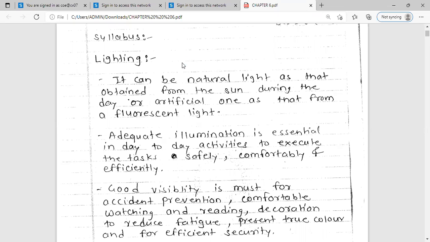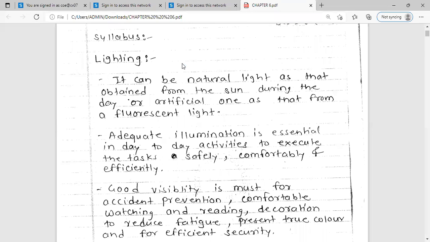In that we can also go for different types of windows, maybe fixed windows. Whenever in a particular direction, on the surrounding side, any unpleasant things are there, or if a dumping ground is there, and wind is blowing from that point, to avoid the entry of such wind or air into the building we can provide a fixed window.